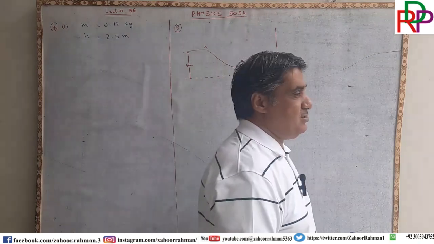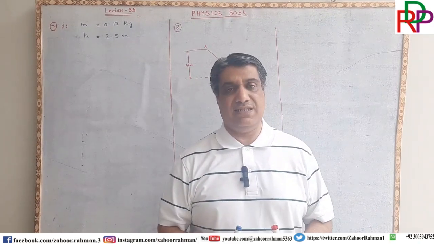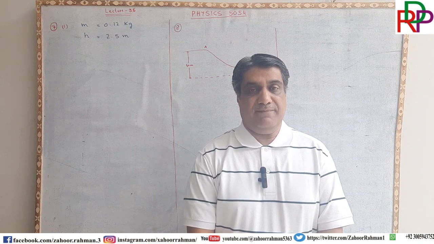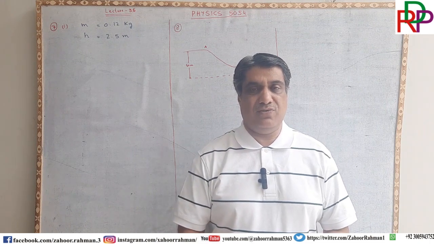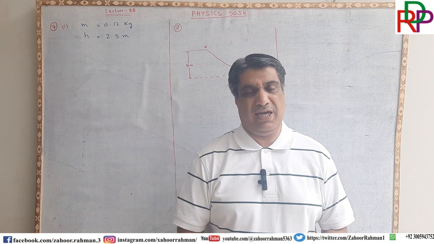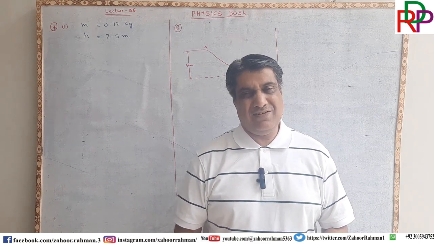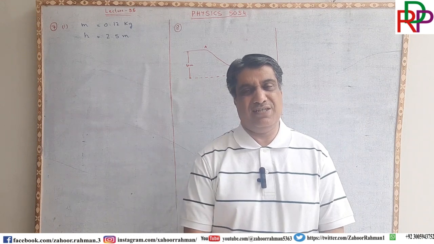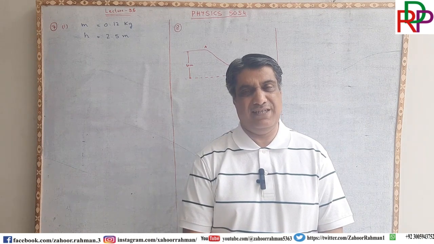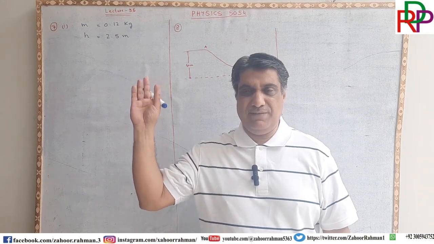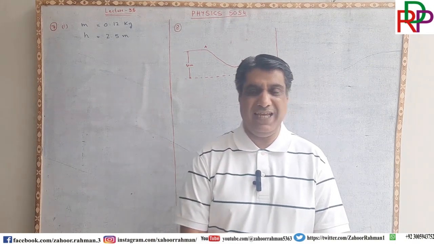Ladies and gentlemen, students are always thinking here that kinetic energy is equal to 1 over 2 mv square. So mass is given but velocity is not there, so you cannot find the kinetic energy from this type of data. What should we do then?